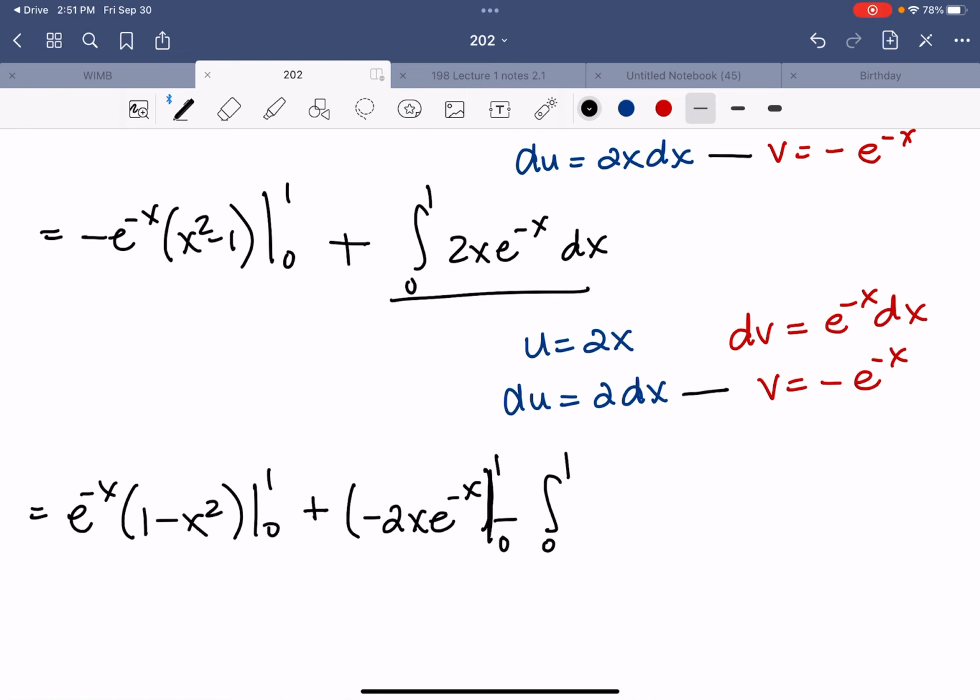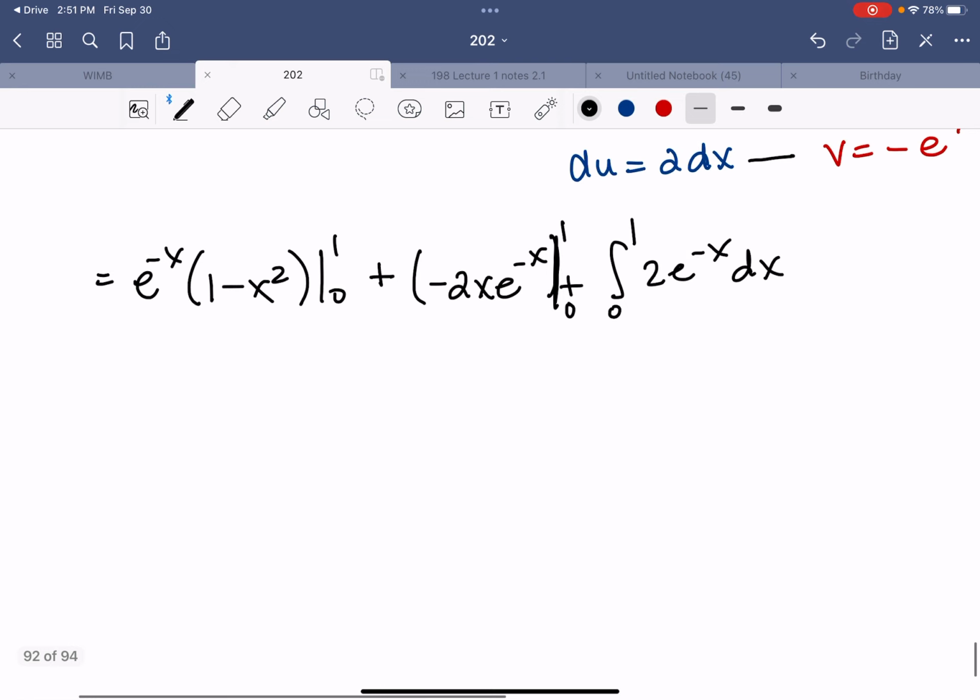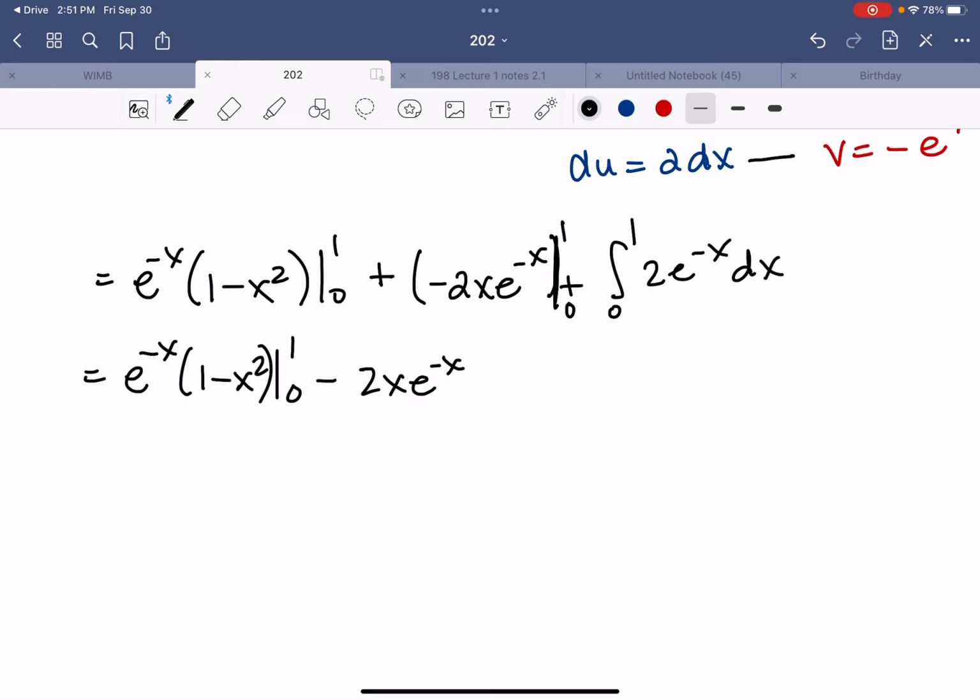Let's see, across the bottom, negative, so make this positive, 2 e to the negative x dx. And that one we know the answer to, too. So this is e to the minus x, 1 minus x squared from 0 to 1, minus 2x e to the negative x from 0 to 1. And this will become 2 times negative e to the negative x from 0 to 1.